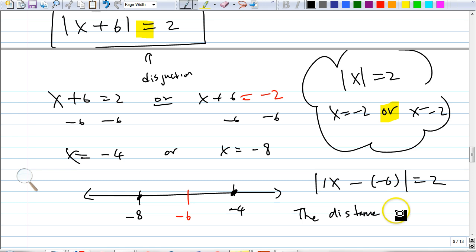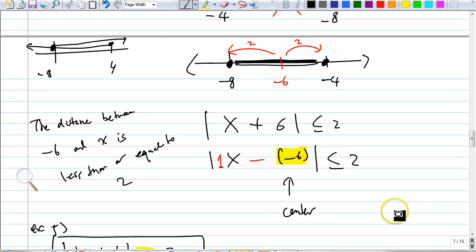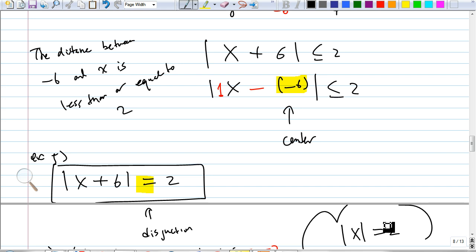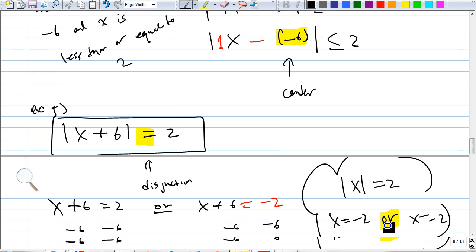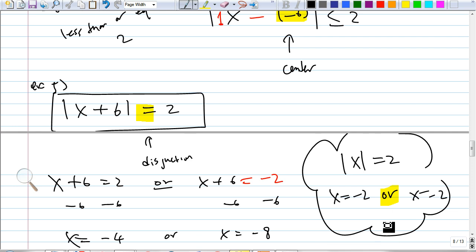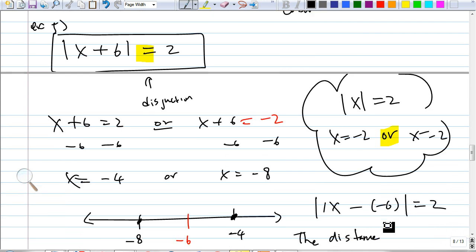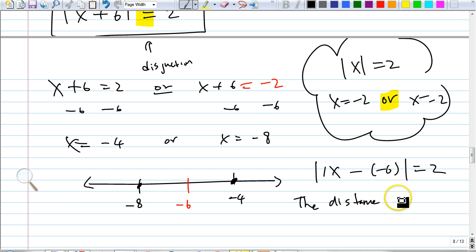We just talked about this, Scott. This means look at the distance from the center to the solutions. The distance between what? No, the distance between the center, -6, and x, which is my solution, is what?